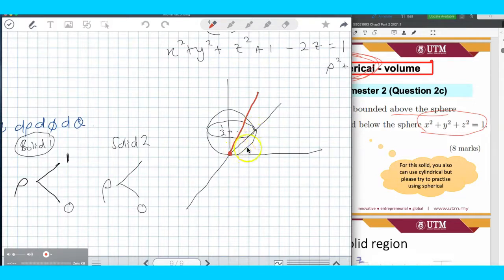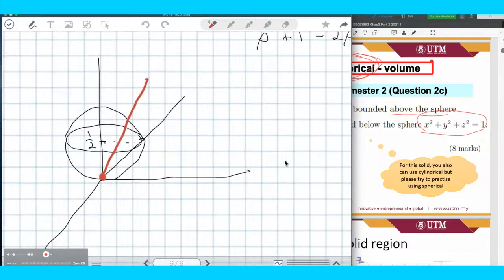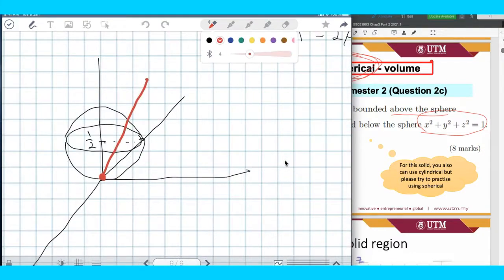This one is from the equation of the shifted sphere. So in order to determine rho, you have to split the solid into two parts: the first part is up here, and the other solid is down here. It looks like if you want to solve using spherical coordinates, you have to split into two regions or two solids.